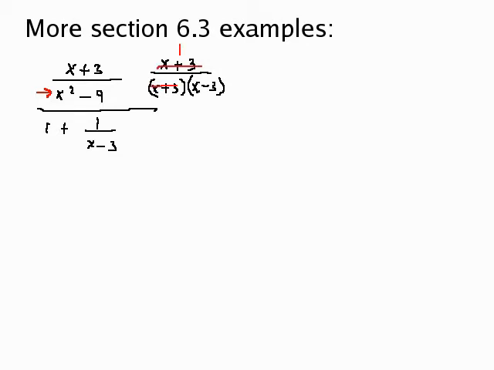X plus 3 cancel out. So really, I don't know why they tried to trick us on this problem. Authors do that sometimes. They're just mean people. And we're going to end up with this simplified fraction in the top, 1 over x minus 3 divided by 1 plus 1 over x minus 3.